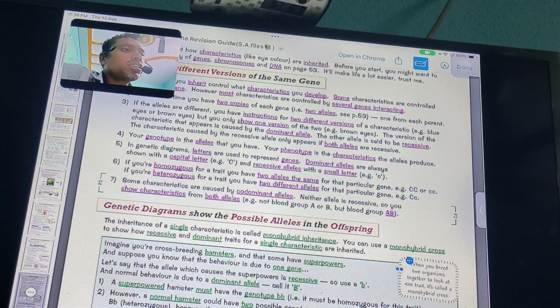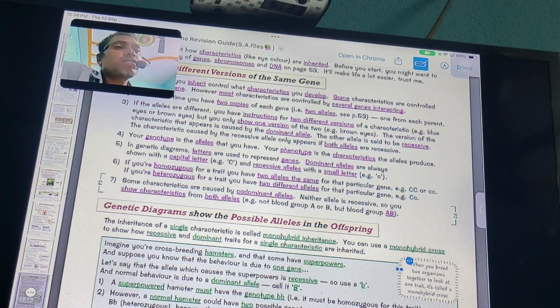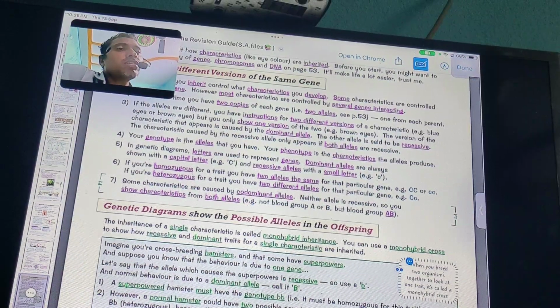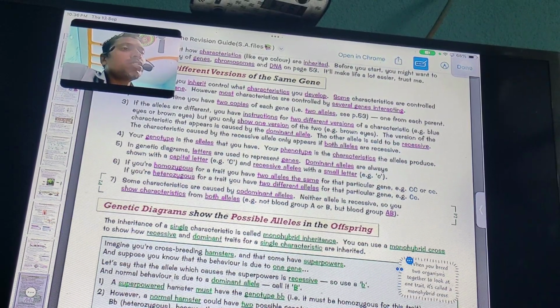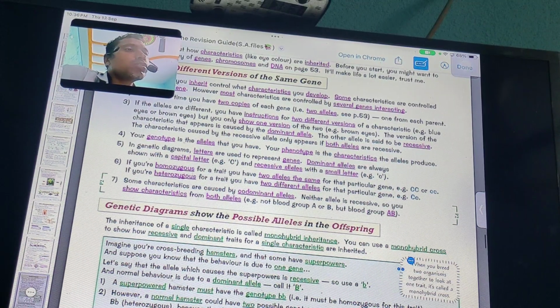These are characteristics such as blue eyes or brown eyes, tall or short, and the color of the pod, green or yellow. You only show one version, for example brown eyes.